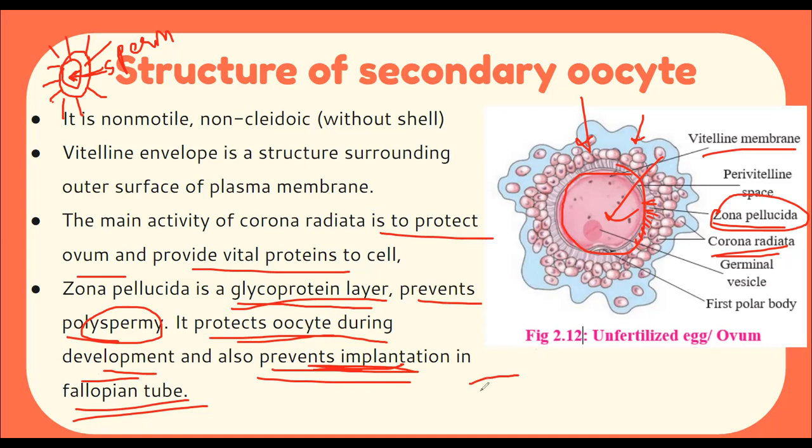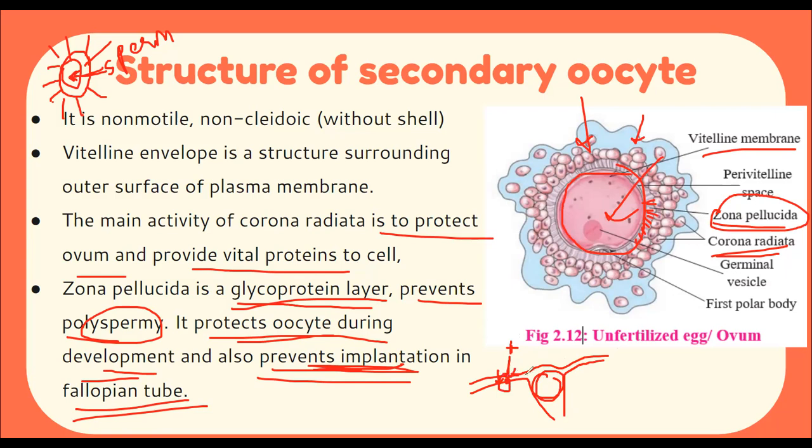So you have the fallopian tube, you have the uterus. The implantation has to take place in the uterus, not in the fallopian tube. If the implantation takes place in the fallopian tube, it will result in an abnormal pregnancy known as ectopic pregnancy. This is not normal, and it has to be surgically removed.